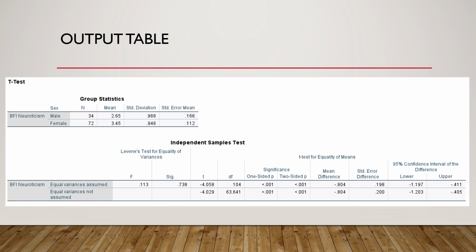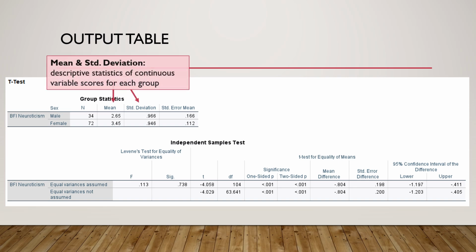The first table, the group statistics, here's where you get the mean and standard deviation about your continuous variable based on which group. So you might have pulled your descriptive statistics about neuroticism in general, but this time it's broken apart into group A and group B. So we can see that males have an average score of 2.65.